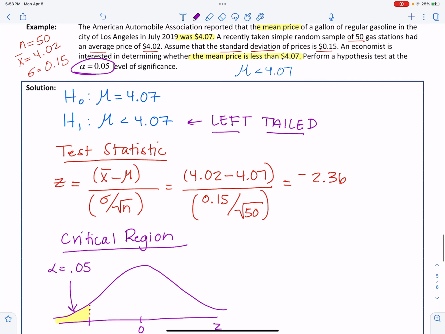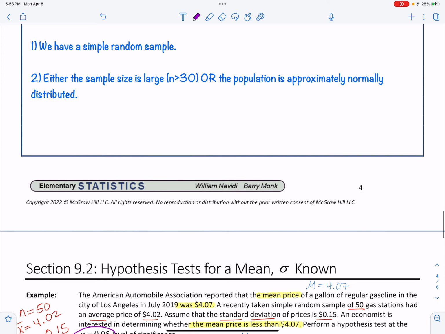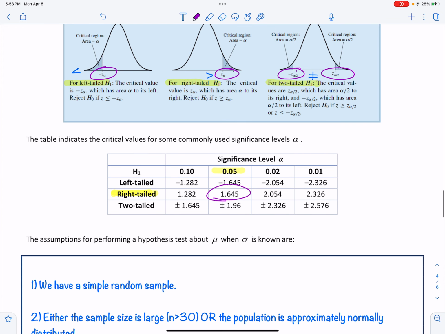So what I'm going to do here is go up to my common levels of significance. In this case, we have a left-tailed test with a level of significance at 0.05.